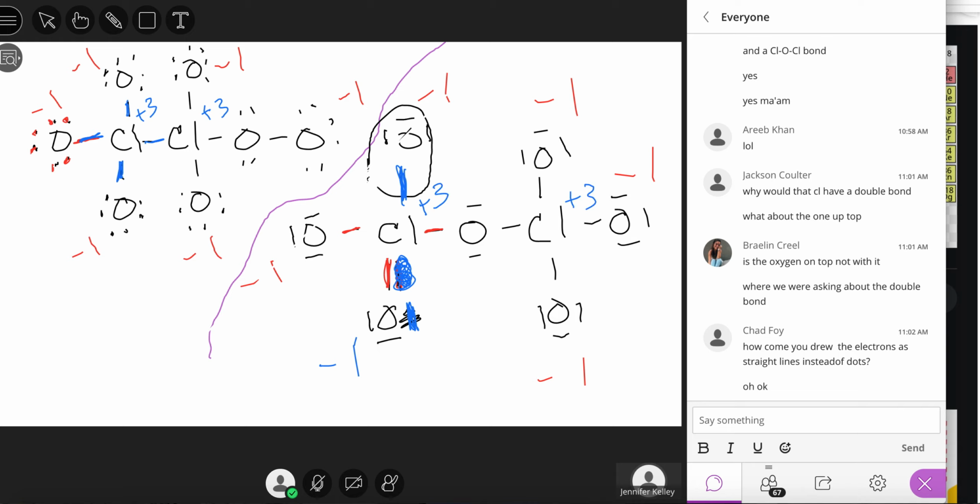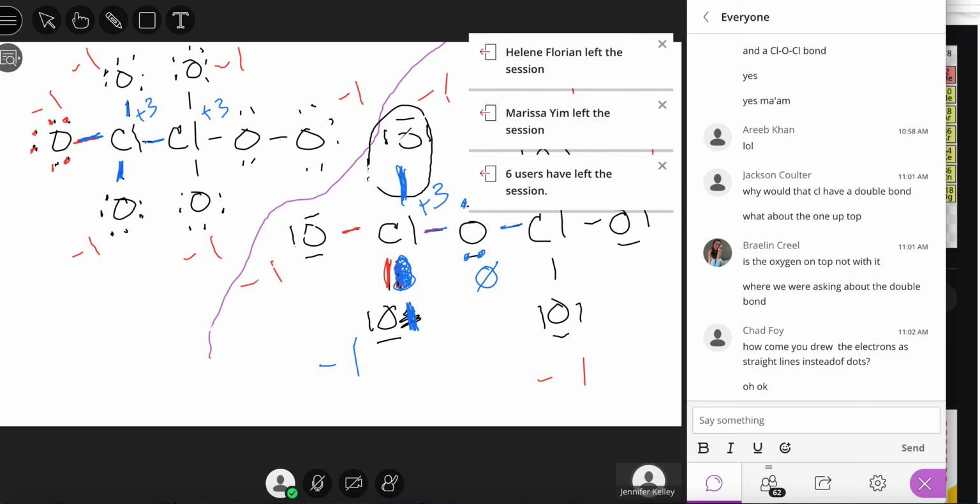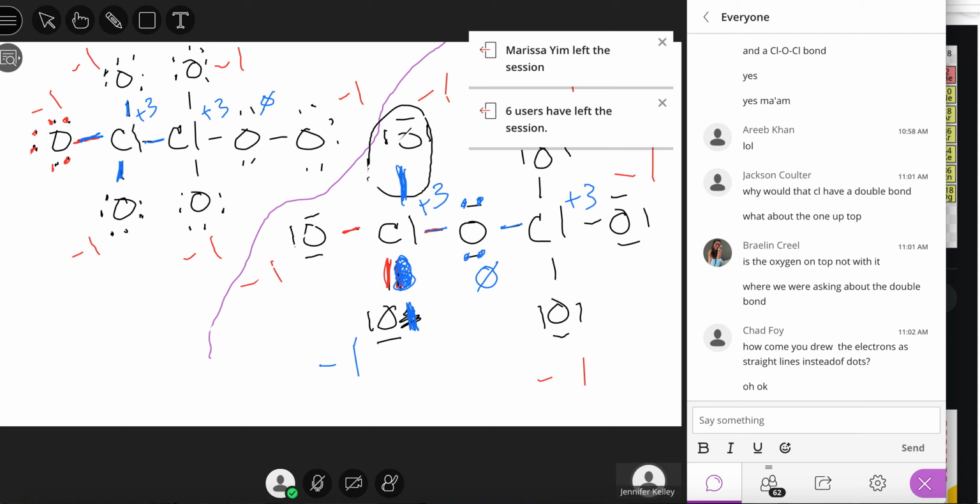And then the oxygen here in the middle is oxygen is 6, 5, 4, 3, 2, 1, 0. All right. So if we count up all of these, and then this one right here is going to be 0 as well.